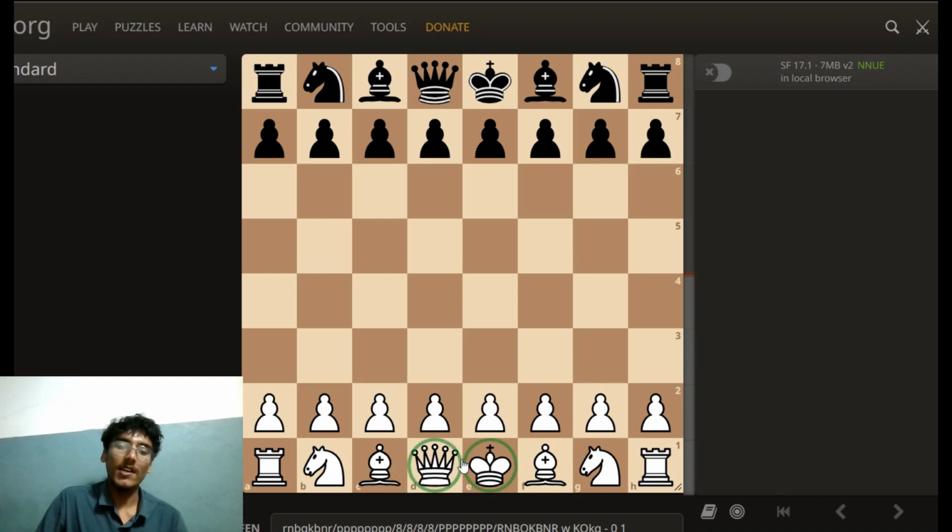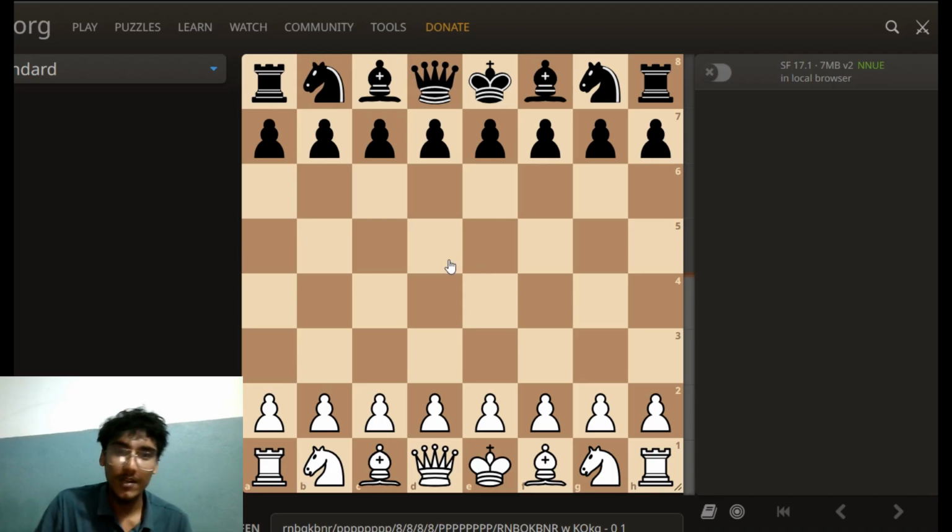And we have these 8 very small pieces which are called pawns. So basically we have 32 pieces, 16 on the white side and 16 on the black side. So how do we play?